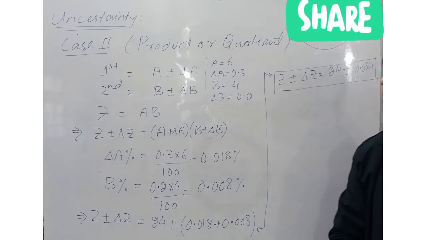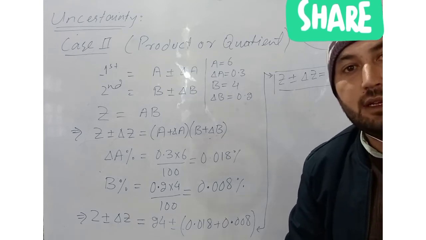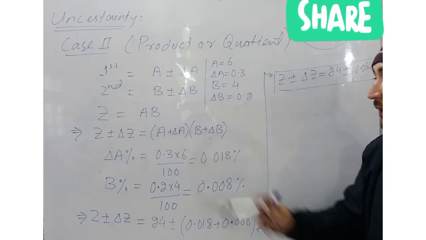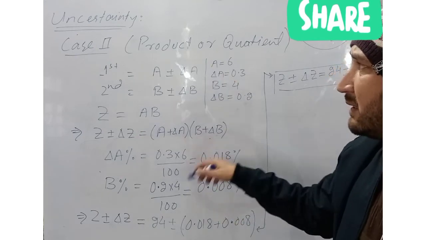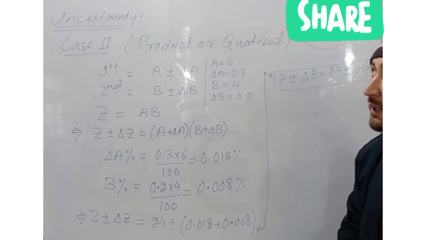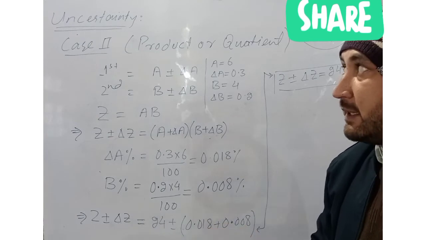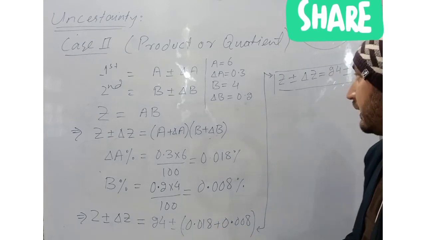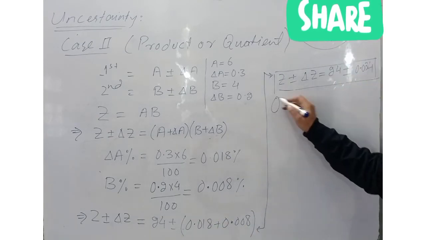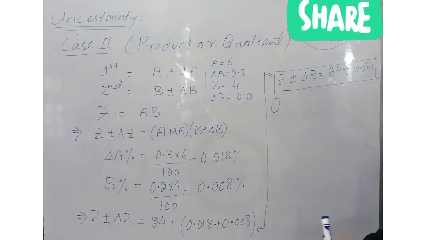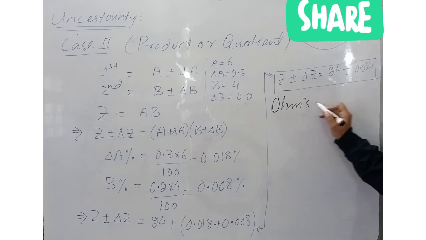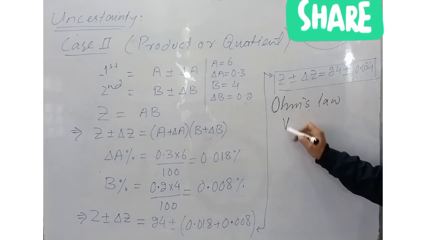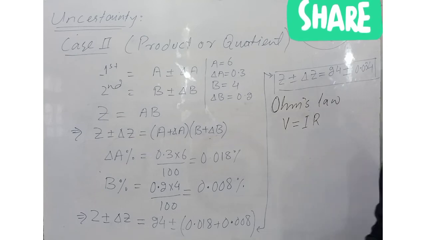So that's how you can find the uncertainty in case of two physical quantities that are in product, right? Okay. Now what is the use of discussing these different cases? Because we can apply such cases in real situations. From Ohm's law we know that the voltage is equal to current times the resistance.